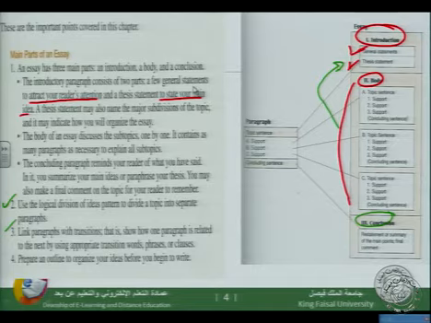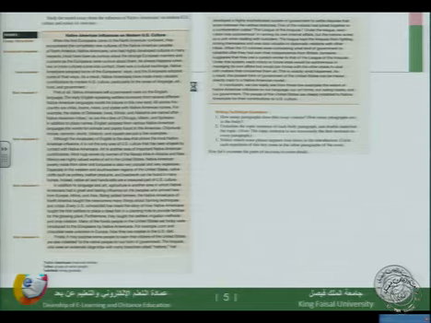And the 4th thing that we have learned is to prepare an outline, and we discussed this in the third class, how to prepare an outline to organize your ideas before you begin to write. So this slide summarizes the main parts of the essay and the major points that we have learned during the first 3 lectures.